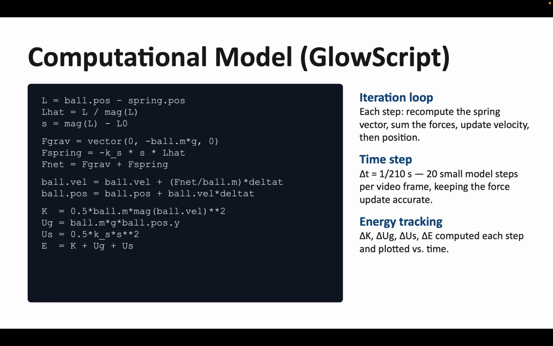Then it adds them for the net force, uses the momentum principle to update the velocity, and uses the velocity to update the position. Then it recomputes the four energies: kinetic, gravitational potential, spring potential, and their total. One important detail is that my time step is 1/200th of a second. That's 20 model steps for every frame, small enough to keep the force update accurate.